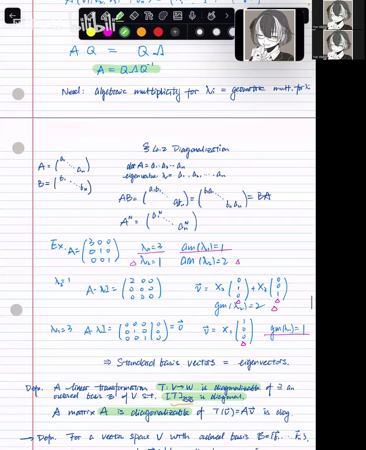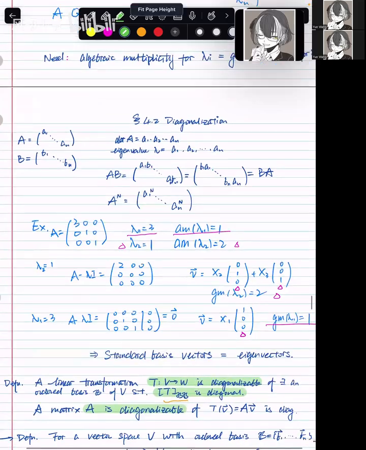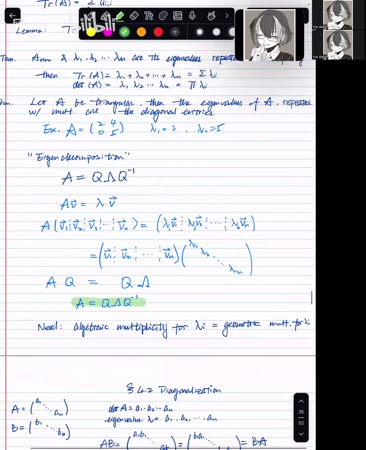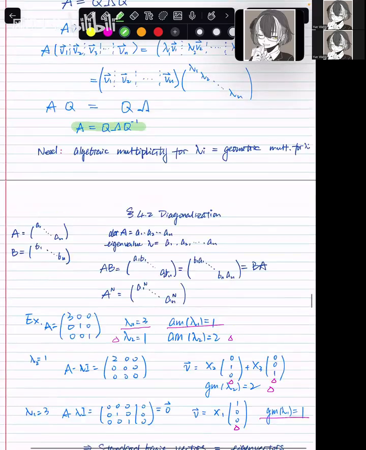Okay, what matrices can be diagonalized? We're in chapter 4.2, section 2 on diagonalization. Basically, we all know that for a diagonal matrix, the determinant of A equals just the diagonal entries multiplied together, because a diagonal matrix is just a special triangular matrix.